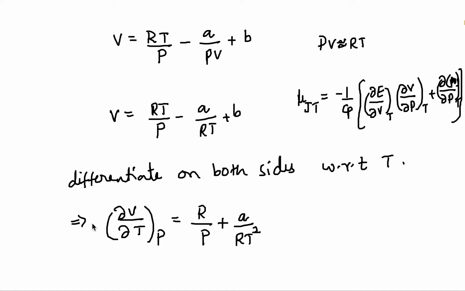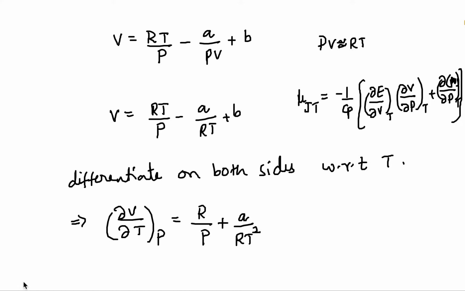Okay, so now we have PV equal to, let's simplify this equation. We come with the expression the other way: RT equal to PV plus AP over RT minus BP. From where did I get this equation?